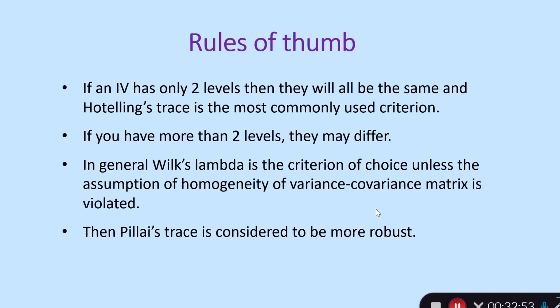If we had a significant Box's M test, we wouldn't report Wilks' lambda. We'd need to use one of the others, and the one to use is Pillai's trace. That's the one that's considered to be most robust. So if we can't assume homogeneity of variance-covariance matrices, then report Pillai's trace, because that's considered to be the most robust.